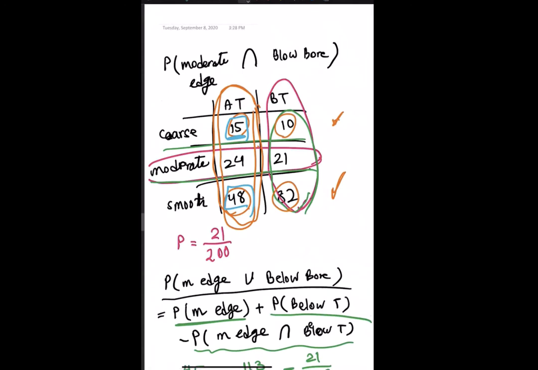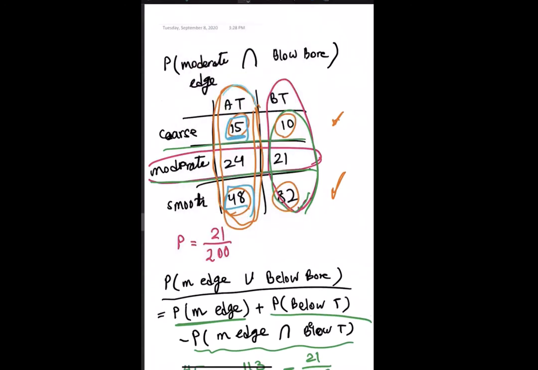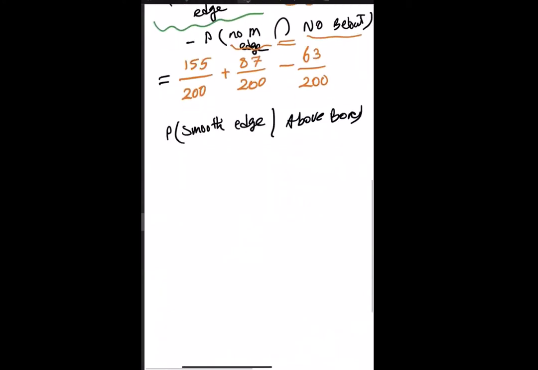Above target bore is this column. What is the chance that the part has a smooth edge as well, given that we know it has above target bore? 48 over 200? 48. Exactly.